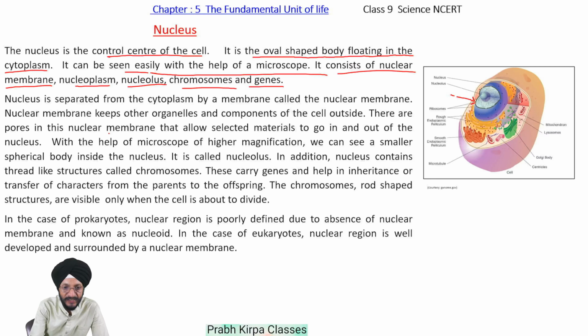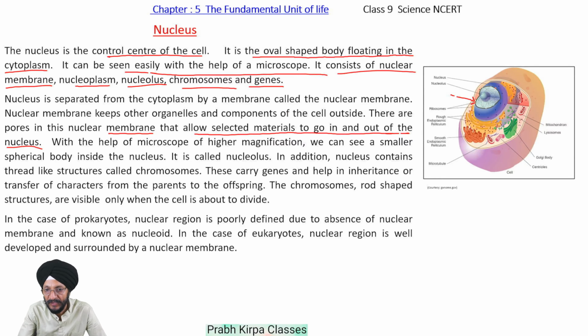There are pores in the nuclear membrane that allow selected materials to come inside and go outside the nucleus. The nuclear membrane is on the outside, and it has small pores in it.